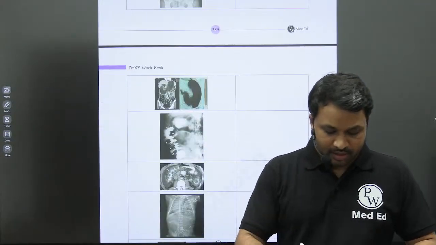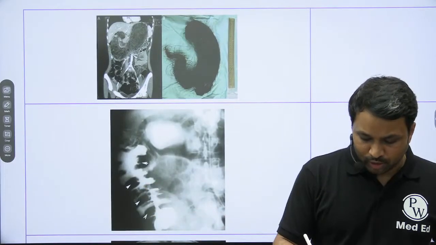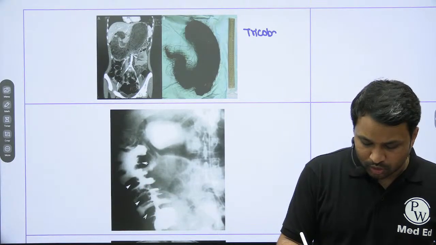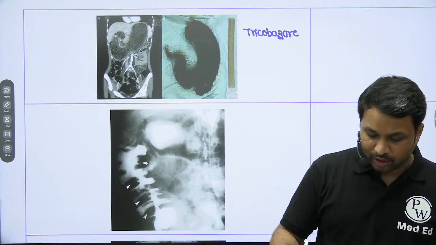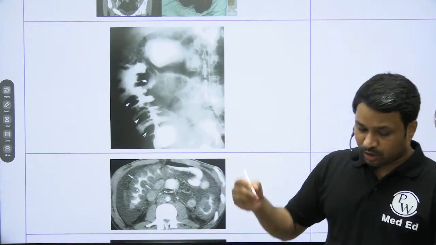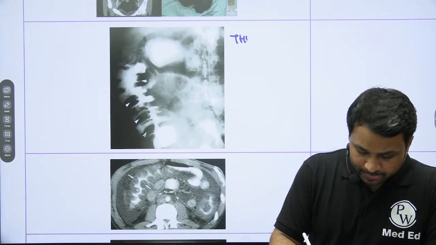Okay? This, everybody knows, the Rapunzel syndrome, or also called trichobezoar, that is seen in trichotillomania. Now this is what we call the thumbprint sign.